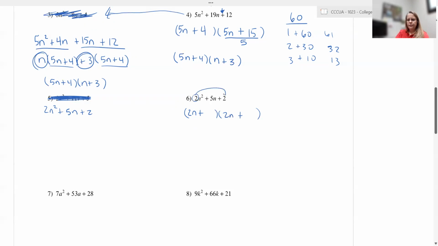But I've got to do 2 times 2 to get my factors. Because my signs are the same, I've got to take the sum of my factors, and I've got to use the sum that adds up to 5. And at this point, I need to find a greatest common factor if one exists and take it out of there. And that's factored.